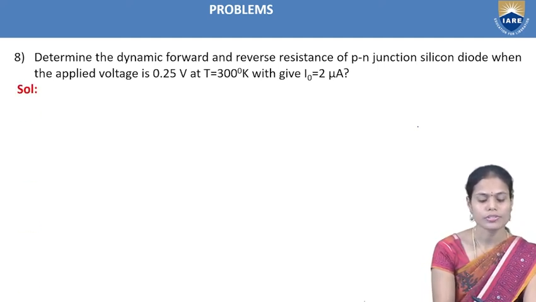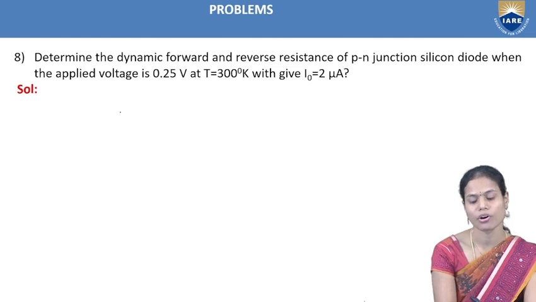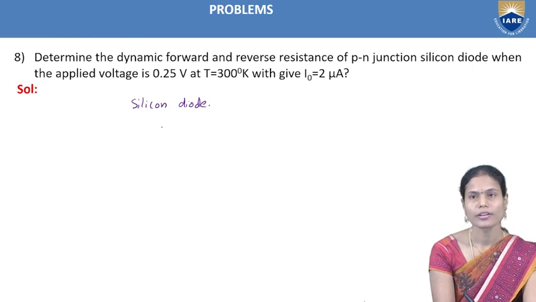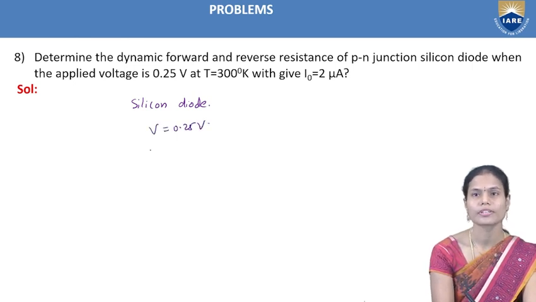And the next problem is to determine the dynamic forward and reverse resistances of a PN junction silicon diode. Here the applied voltage is 0.25 volts and the temperature is 300 degrees Kelvin.